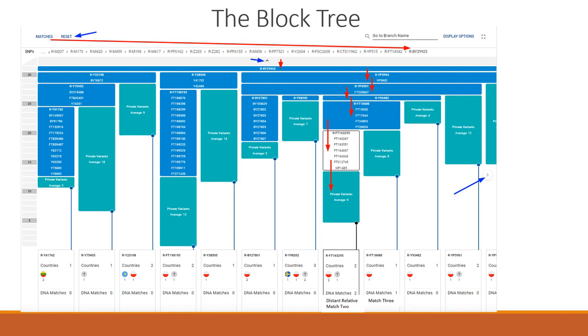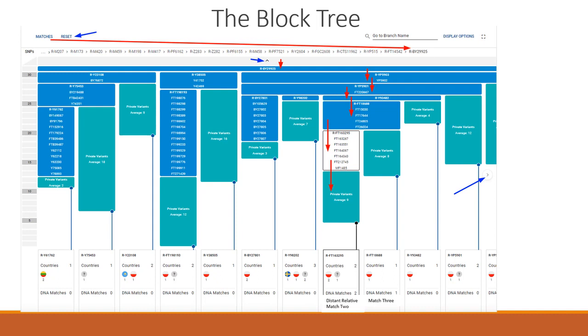The way that we discover which SNPs occurred first is we get somebody who tests positive for some of the SNPs within a block, but not the rest of them. Then we know the ones that they tested positive for occurred first, and we split the block, and they would have their own line after the split, and the testers positive for the rest would be on the original line or the existing line.